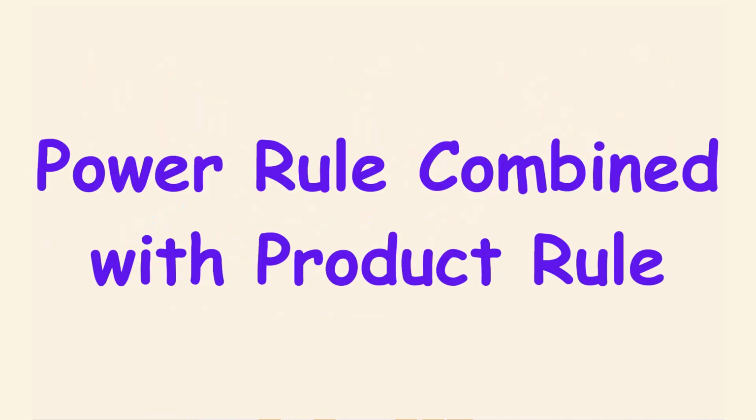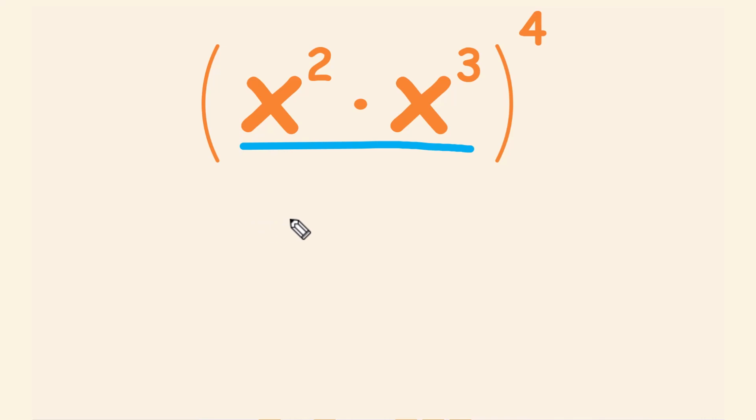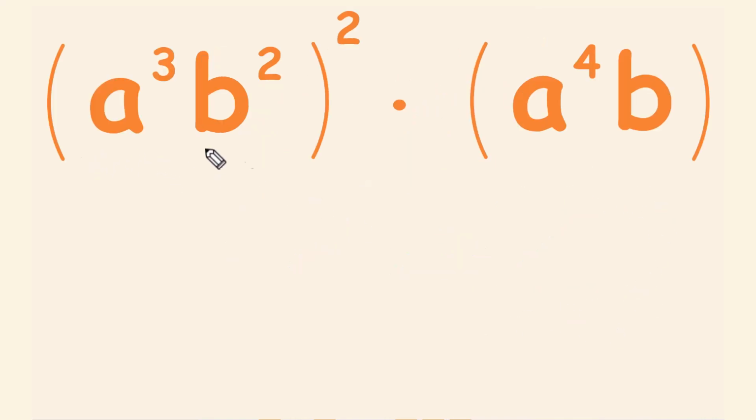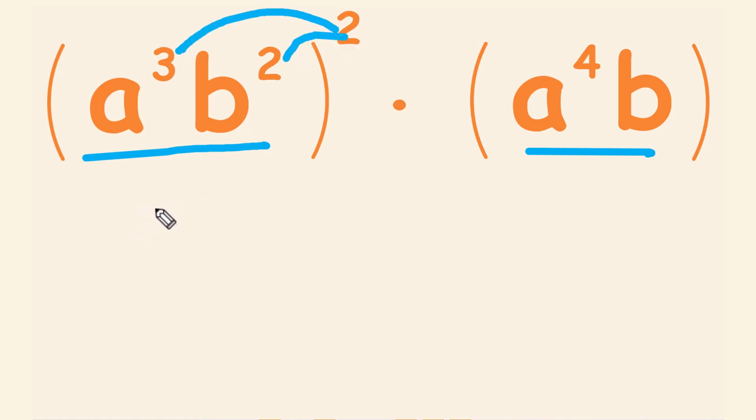Power rule combined with product rule. So the first thing we need to do is work within the parentheses, and then we will multiply the exponents. 4 times 5, 20. In this problem, we need to distribute the exponent that is outside the parentheses.